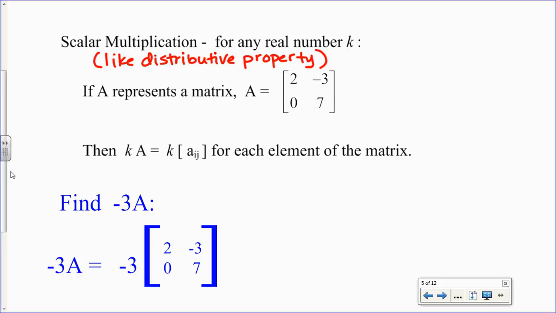So if I were to do negative 3A, remember capital A means a matrix. So I'm going to do negative 3 times matrix A, and I'm just distributing negative 3 to every entry in the matrix.